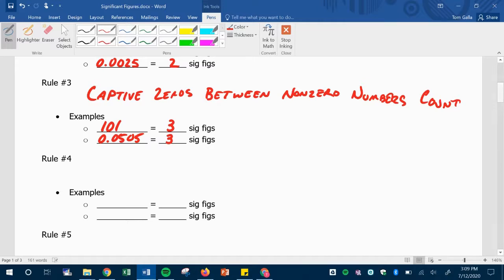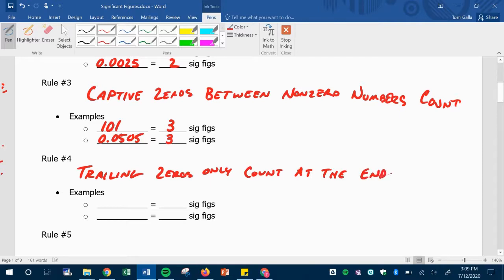Then rule 4 is about trailing zeros, and rule 4 says trailing zeros only count at the end of a number if there's a decimal point.